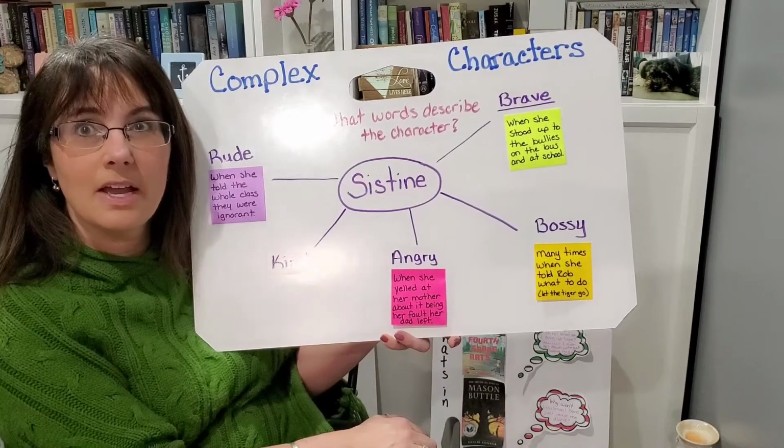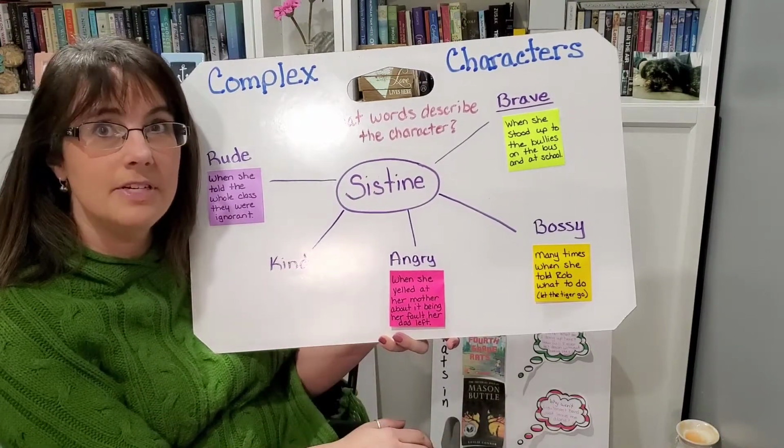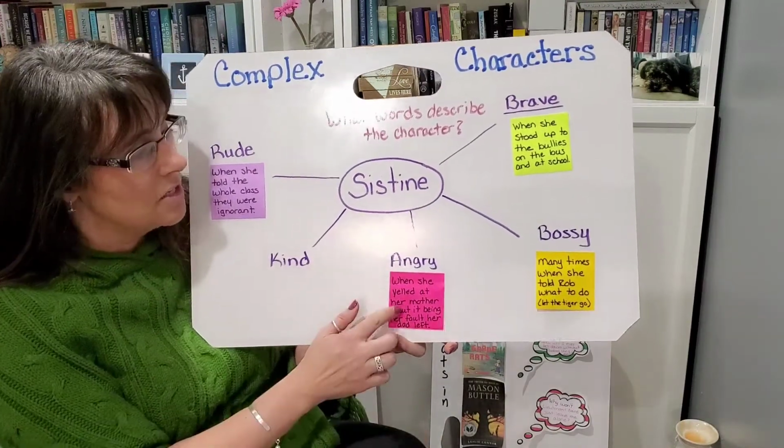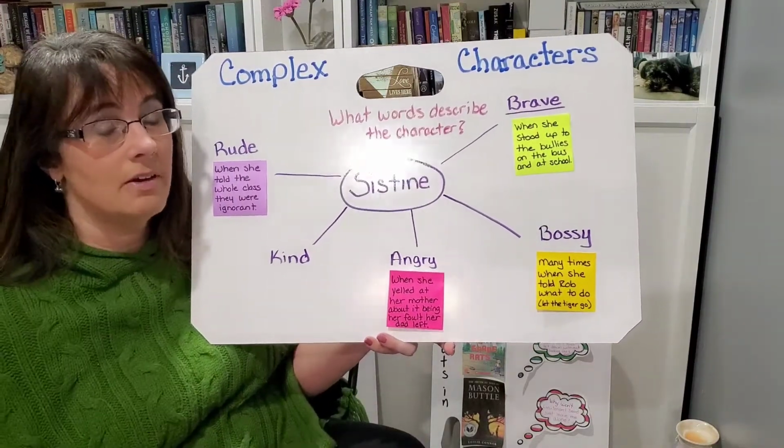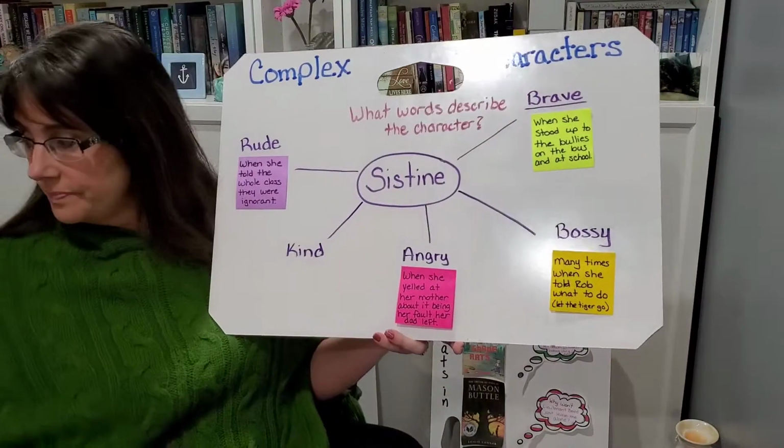And she had that really angry outburst. We saw a different side of Sistine then. So that's why I put down that angry side of her. She could get pretty darn angry, even at her mom.